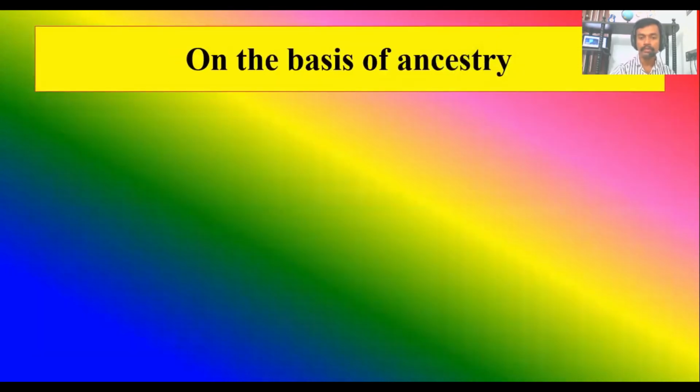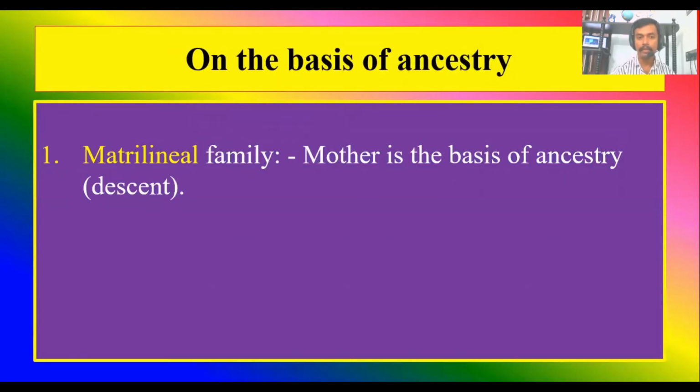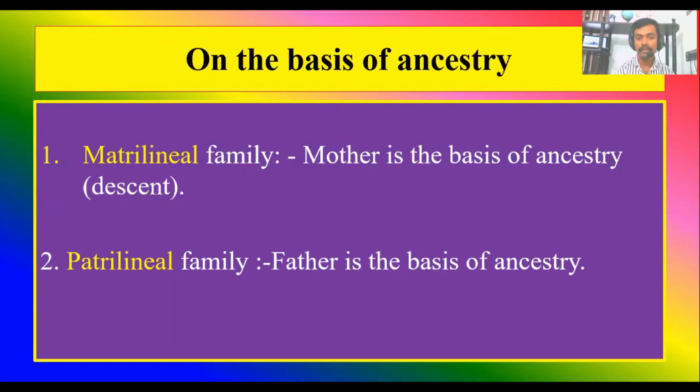And on the basis of ancestry, matrilineal family. Ancestry means descent. The matrilineal family is based on the mother's descent. Patrilineal family, the father is the descent or ancestry.